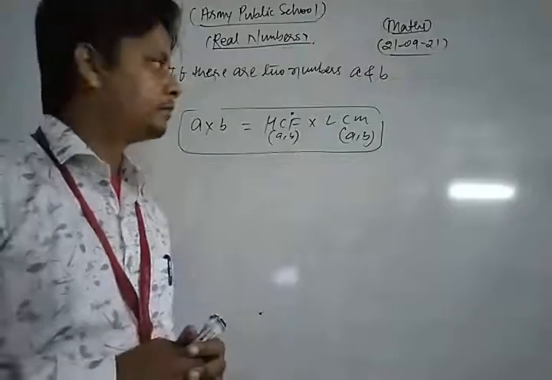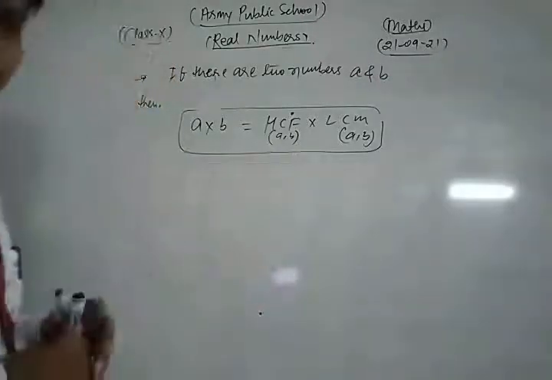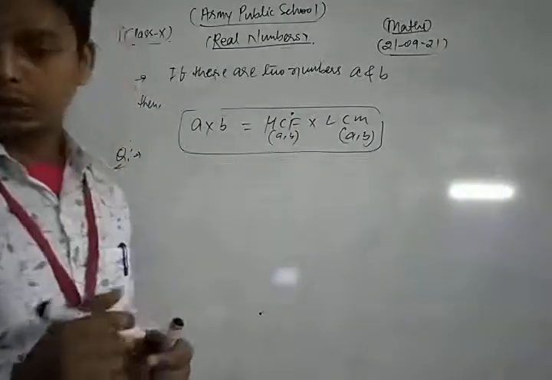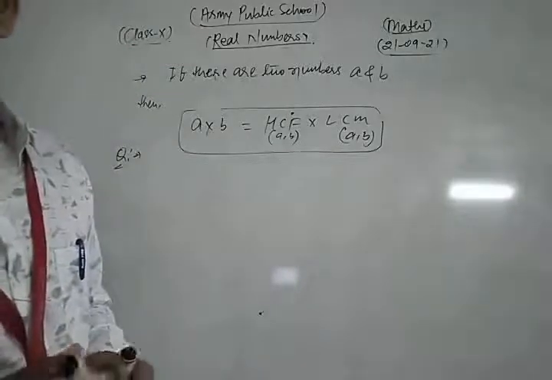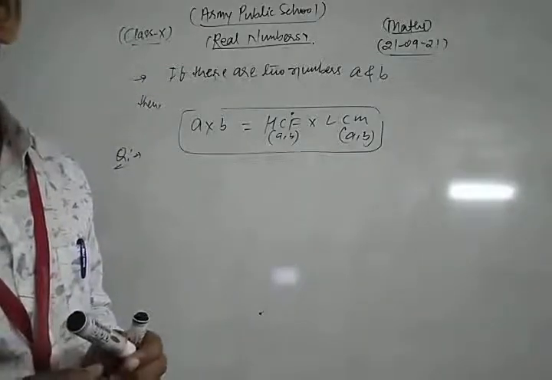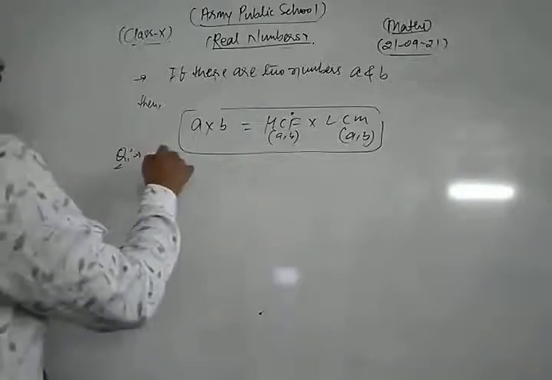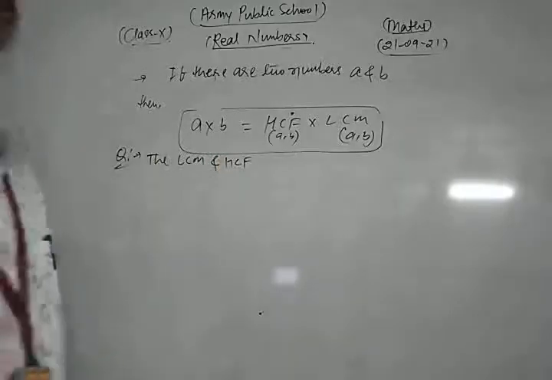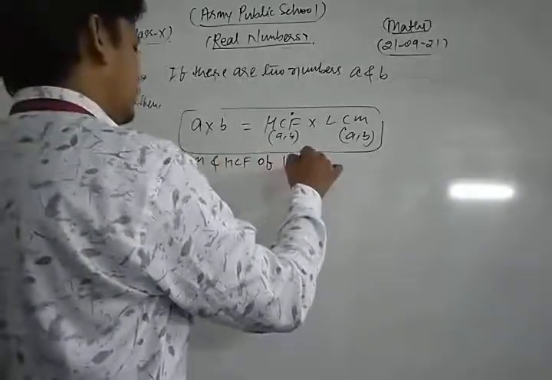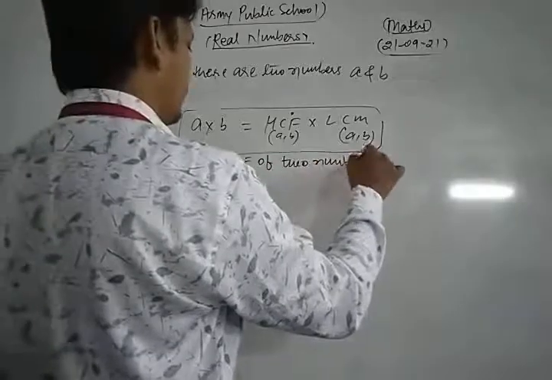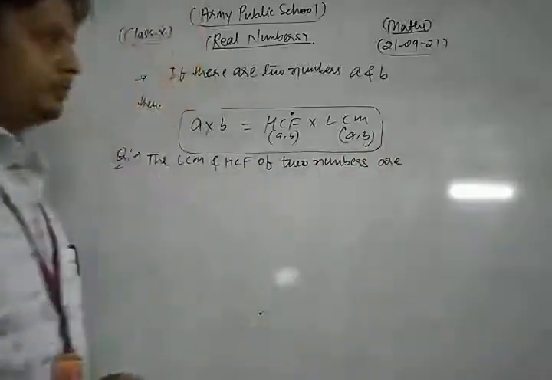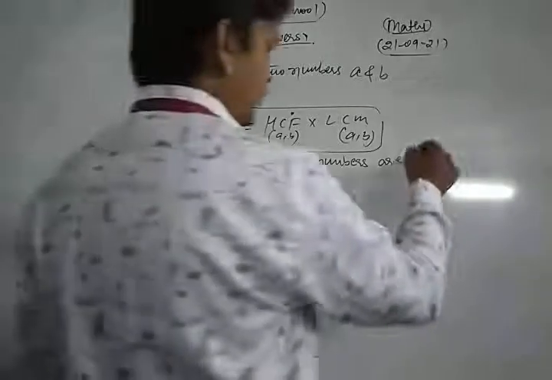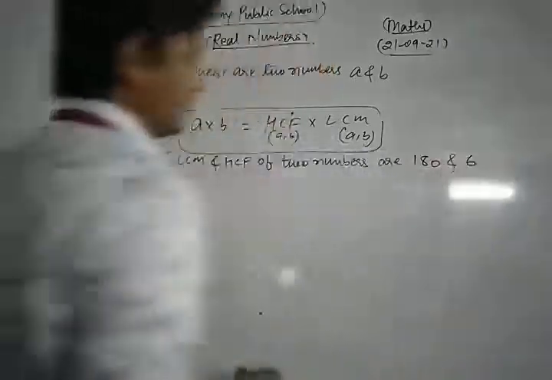Now we take and solve some important questions based on this topic. Let's see. Look, the LCM and HCF of two numbers are 180 and 6 respectively.